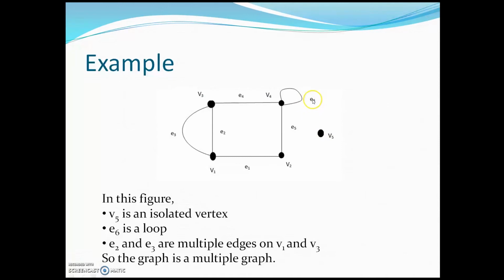E6 is a loop, as it is incident on the vertex V4 to itself. And E2 and E3 are the multiple edges on the vertices V1 and V3. So in this graph, we have an isolated vertex, a loop and multiple edges. So this graph is a multigraph.